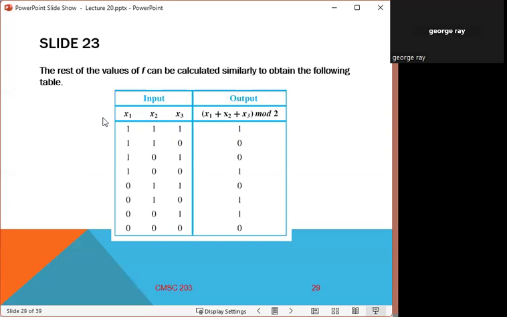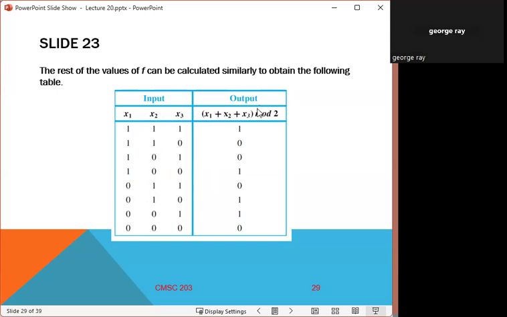So we know when you have two possible values and you've got three variables, 2 to the third is 8 combinations. Well, we start with the one variable x3 and we alternate 1, 0, 1, 0, 1, 0, and so on. Next one, we alternate by 2s instead of by 1s. So x2 is 1, 1, 0, 0, 1, 1, 0, 0. And then next one, we alternate by 4s, 1, 1, 1, 1, 0, 0, 0, 0.